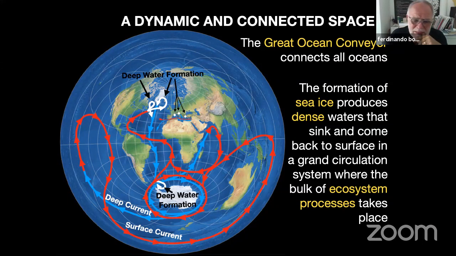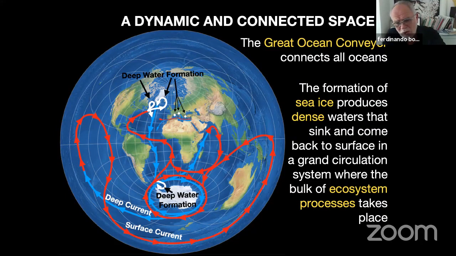The waters freeze, and if marine water freezes, the sea ice is made of fresh water. The salt is in the water below. And this makes waters denser. They are cold and with high salinity. These waters sink. And so you see the blue arrows that go from the North Pole to the South Pole. In the South Pole, the water freezes again and it goes down and turns around the Antarctic continent.